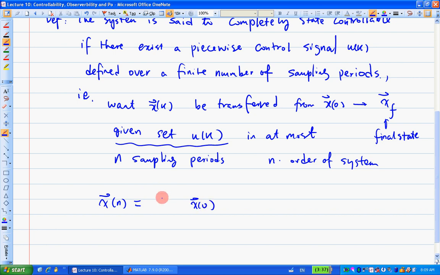If you apply the formula for the solution of the system, it would be G to the power of n, that's the state transition matrix, plus G^(n-1) H u(0), plus G^(n-2) H u(1), and so on until H u(n-1). So this is a solution, and this is what we derived in the previous lecture.